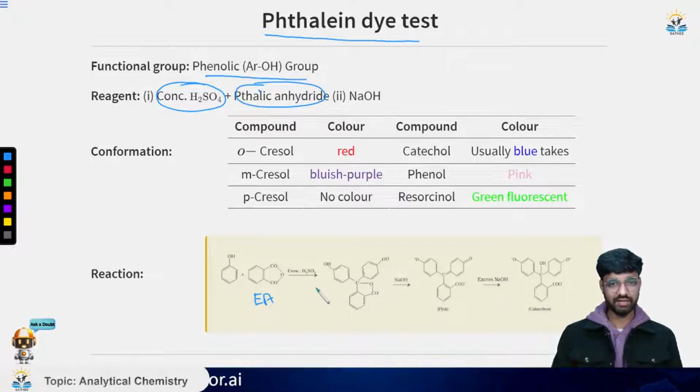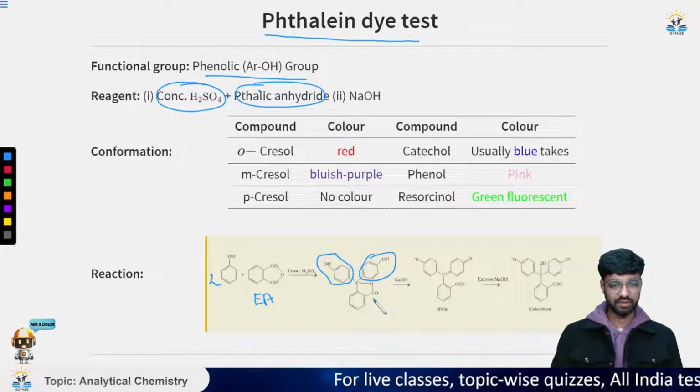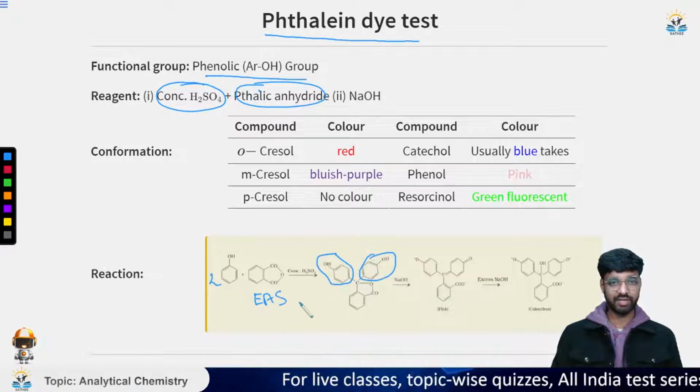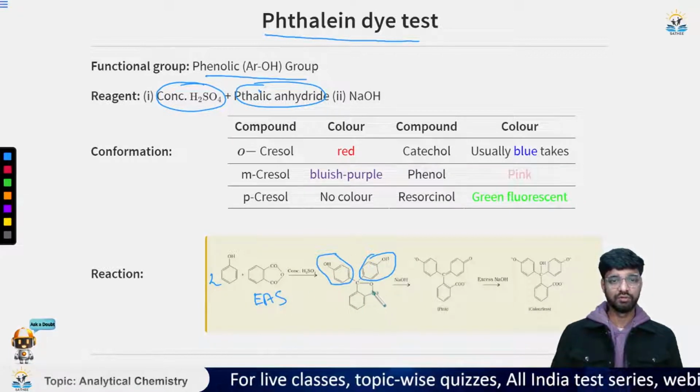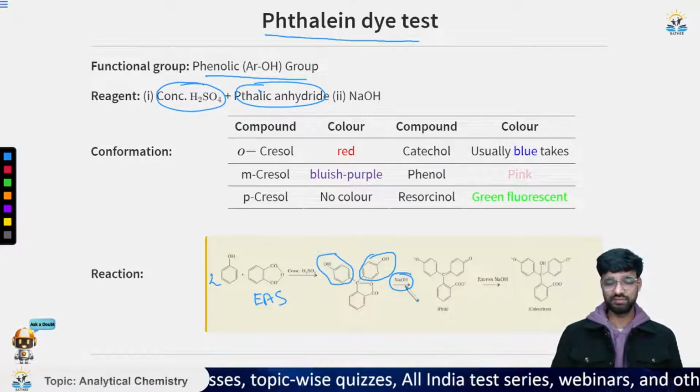You can see very clearly that an electrophilic aromatic substitution reaction is going on, and 2 moles of this phenol are involved. So 2 moles of this react with this one, and you get this compound. Further, on treatment with NaOH, we get different colors for different kinds of compounds.